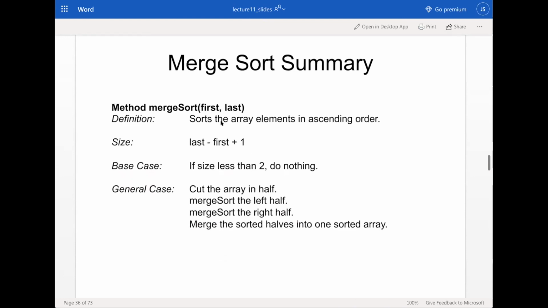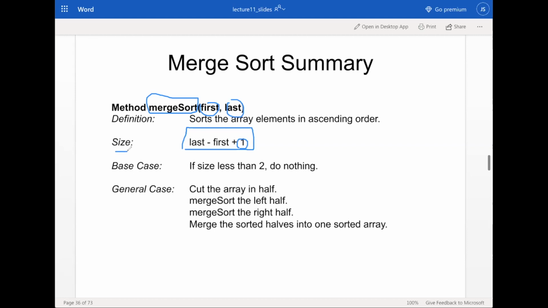Okay, so this is what we were talking about earlier when a merge sort recursion takes place. The first and last are the first index and the last index of each respective sorting problem space. The number of elements that you have is last minus first plus one. This makes sense, right?